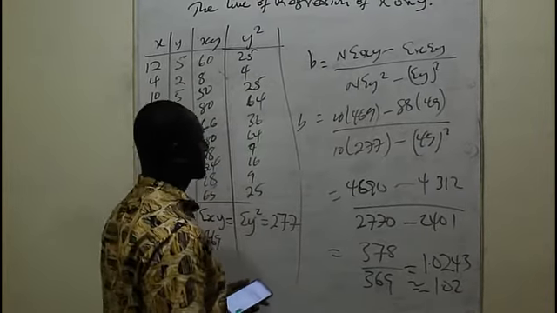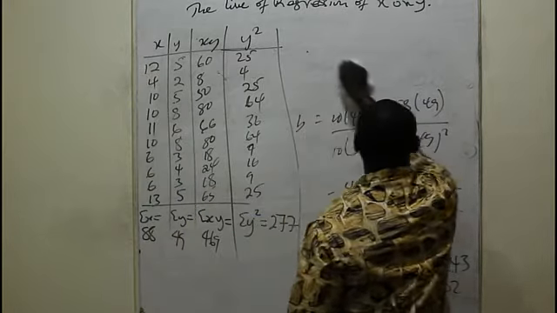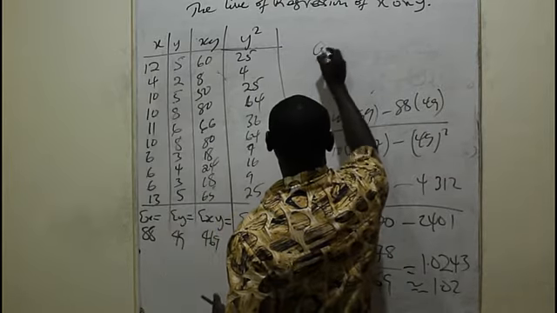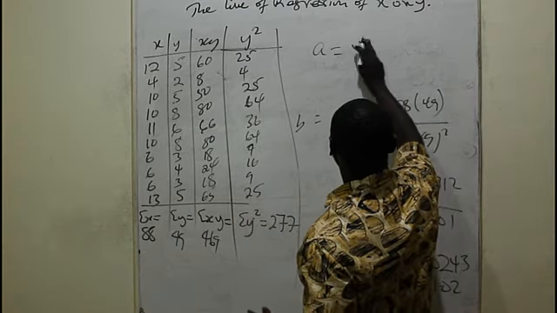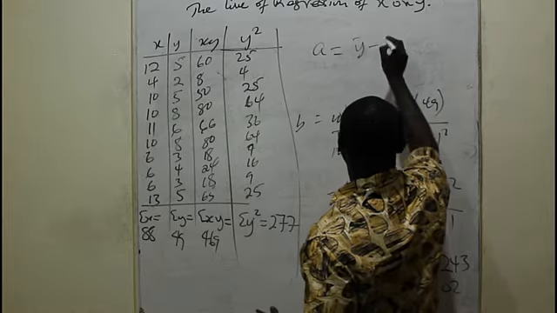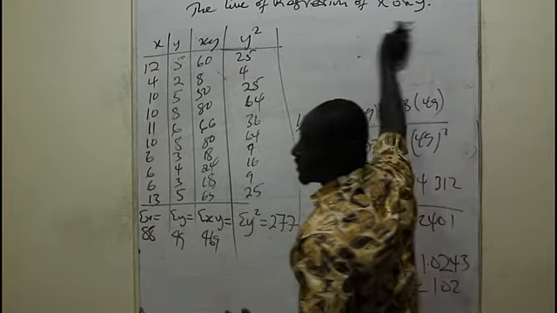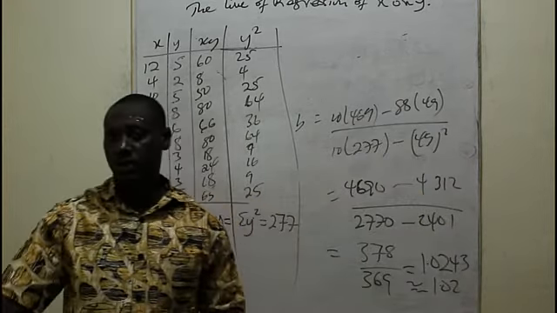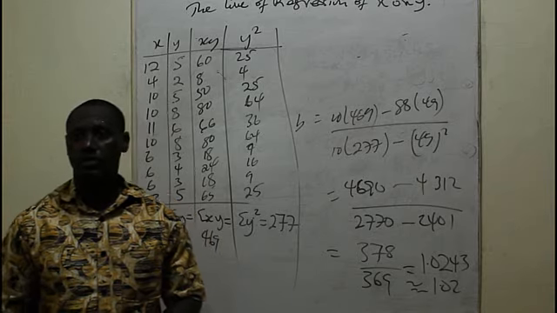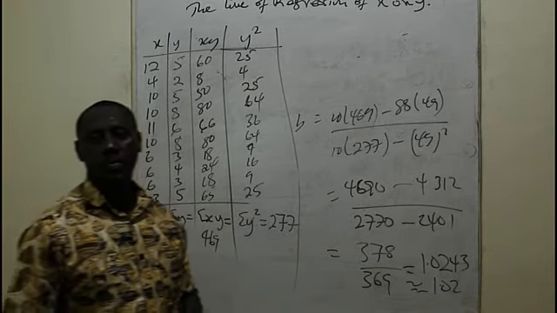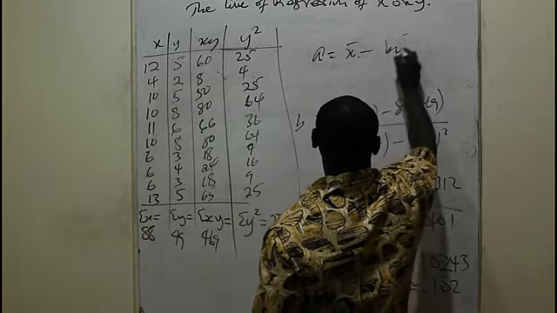Okay, so I can now substitute this answer that I've gotten into, remember, we have said that A is equal to x bar minus B times y bar.